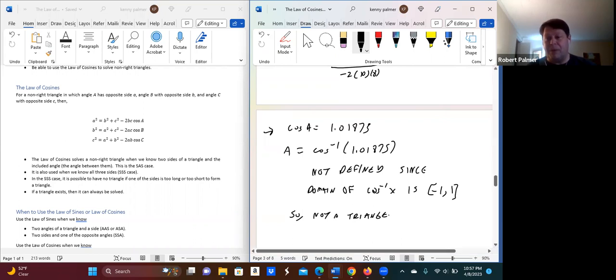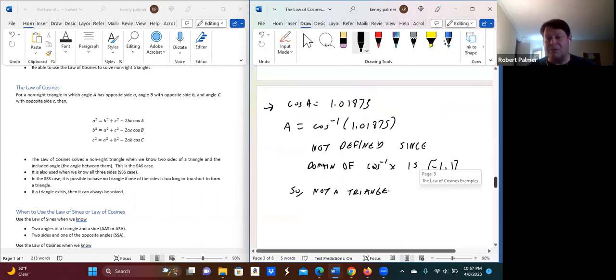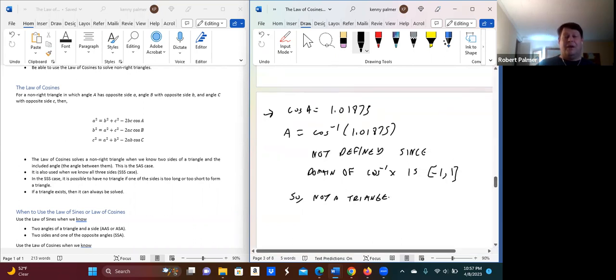If you saw my previous video on the law of sines, we saw a similar thing in the ambiguous case. If you're trying to find the angle using either law of sines or law of cosines and you get something outside the domain of the inverse trig function, it indicates it's not actually a triangle. That's useful to help us know when something doesn't work.